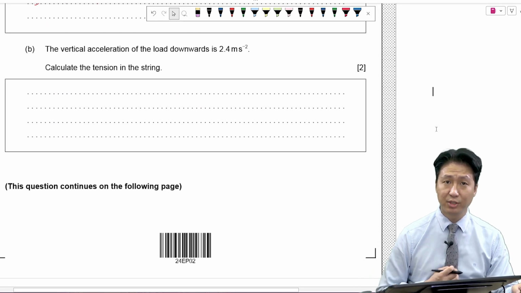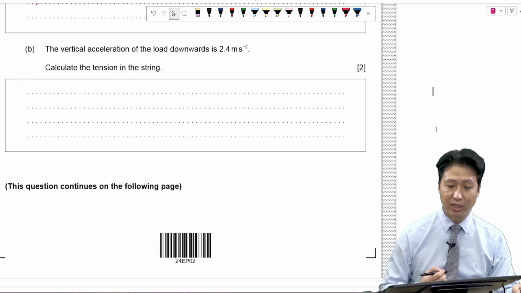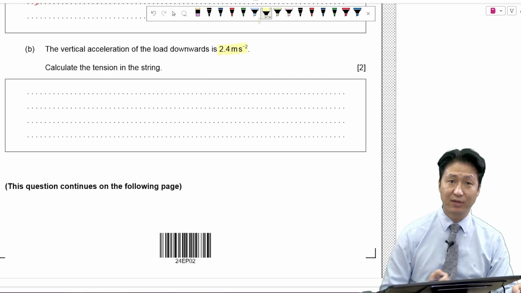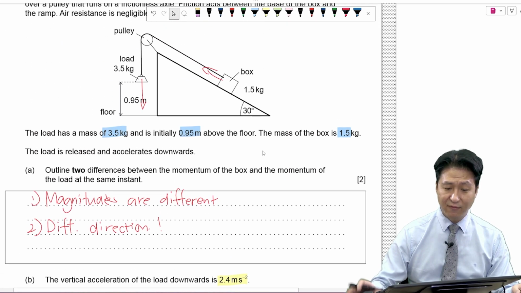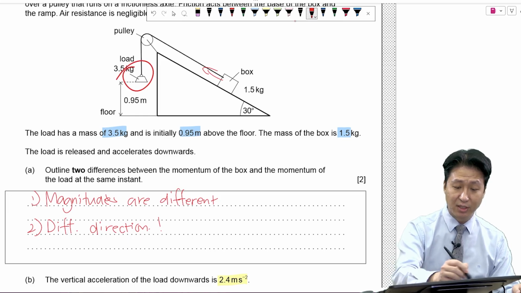For part B of this question, the vertical acceleration of the load downwards is 2.4 meters per second squared. So you don't have to calculate the acceleration, it's already given. Calculate the tension in the string. Now, to calculate the tension, you first have to calculate the net force on one of these two objects. You can either calculate the net force on the load or the net force on the box.